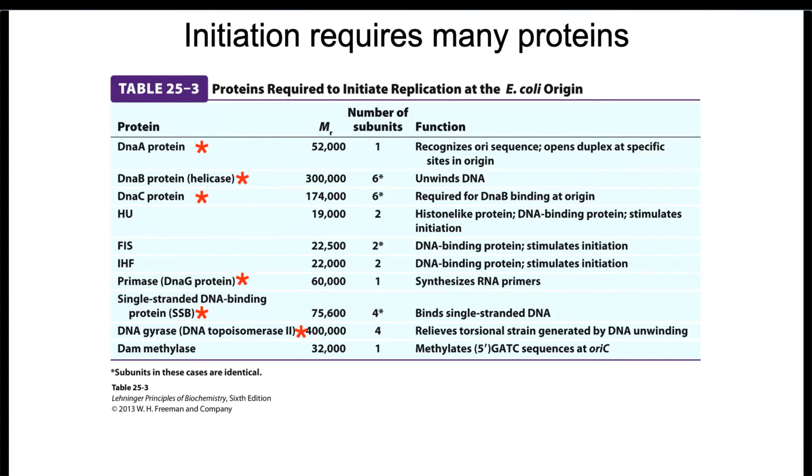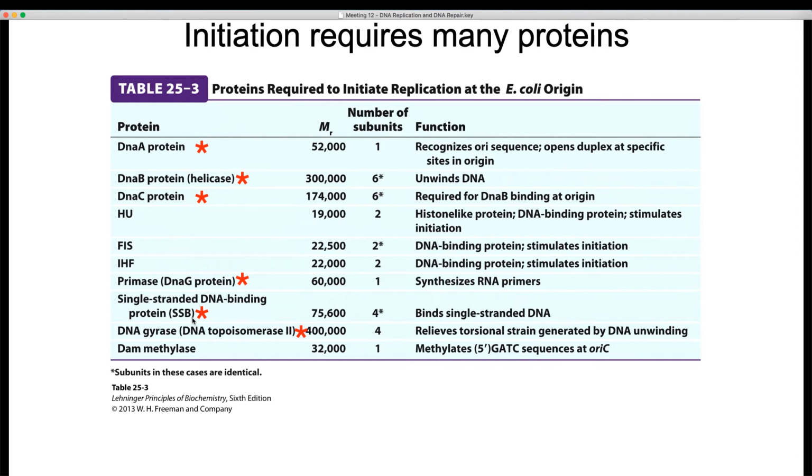Now, as replication occurs, there are lots of different proteins that are going to be necessary. We just got finished talking about DNA A, B, and C, but we're going to get into a primase. That's the enzyme necessary for building an RNA primer. We're going to have single-stranded binding proteins.